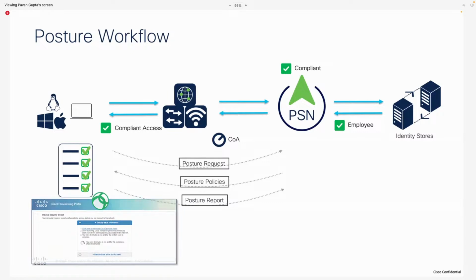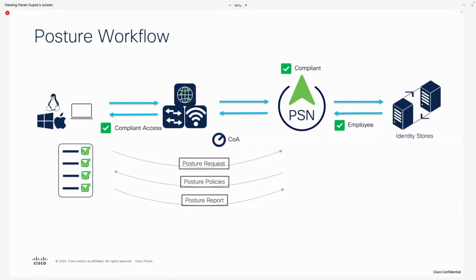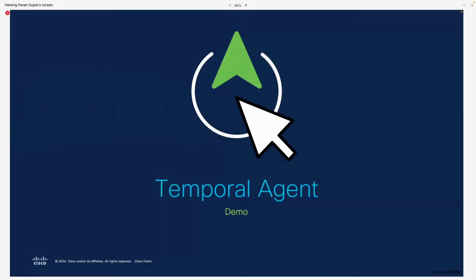Once the assessment is done, the temporal agent executable file is automatically deleted. So if you are wondering about running the reassessment again and again, it's not possible with a temporal agent. I'm going to come to the differences amongst all these agent types a little bit later, but let me walk you through the demonstration of a temporal agent now.